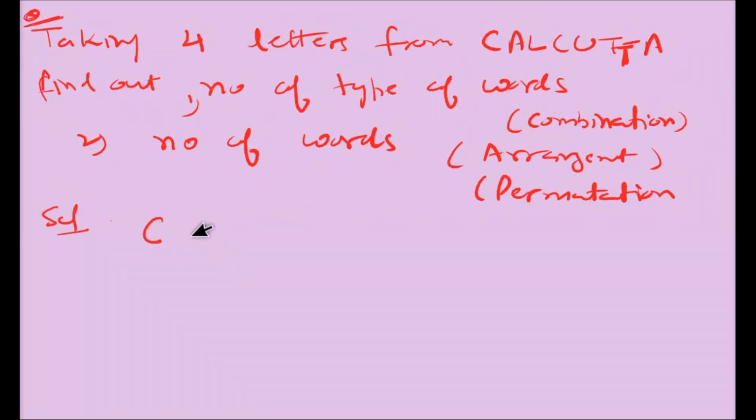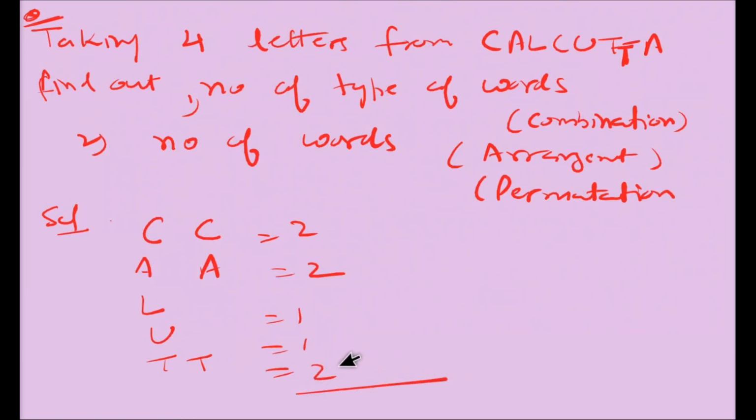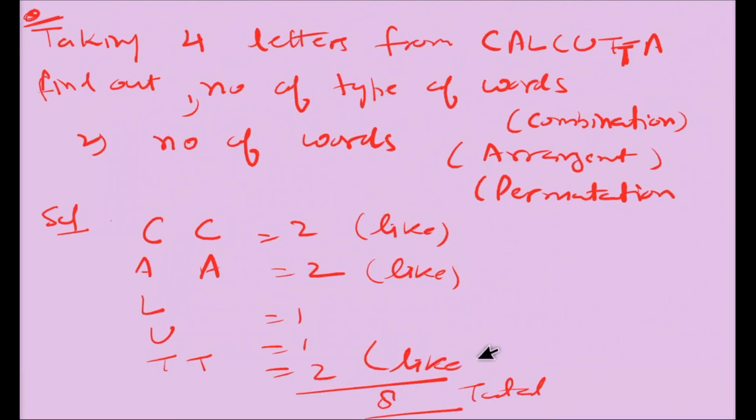C A L C U T T A. These are 2 similar letters, and these are 2 similar letters. Total letters are 8. Two alike, and these two alike.